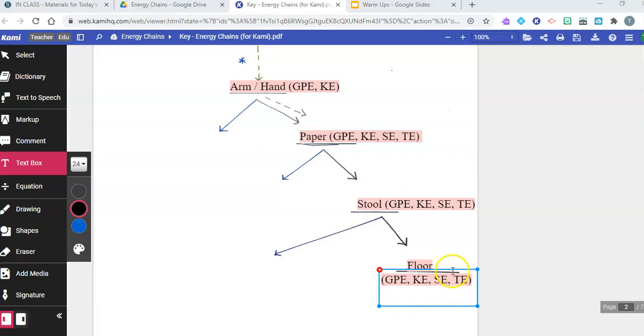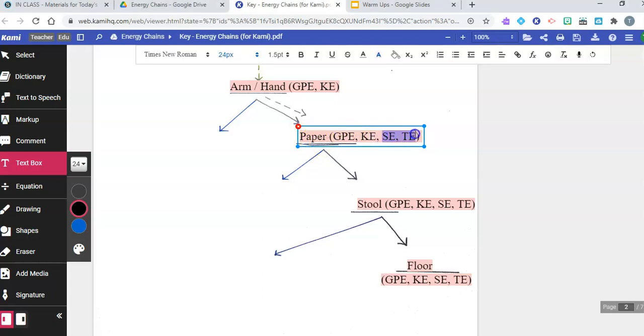Okay, so I want to go back up here. You'll notice there's a dashed arrow, and you already know that means energy transformation. I want to explain why a dashed arrow appears in between Soysun's arm and the piece of paper, but not anywhere else. The reason is that when you go to this step or link in the energy chain, you see that sound and thermal energy are two types of energy being expressed that were not present in the previous step.